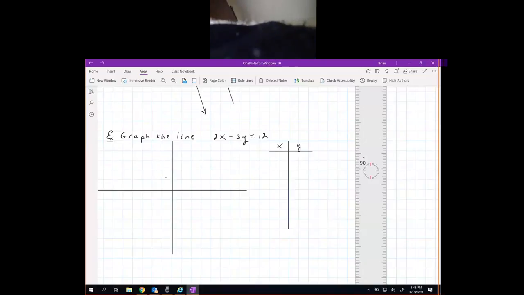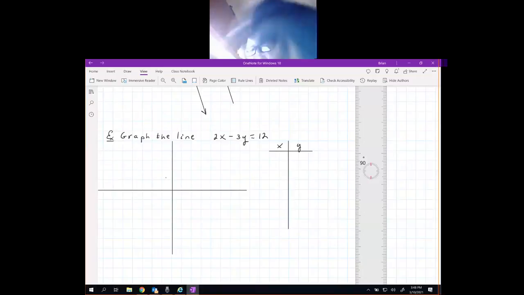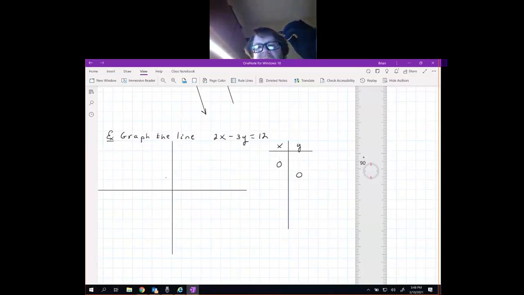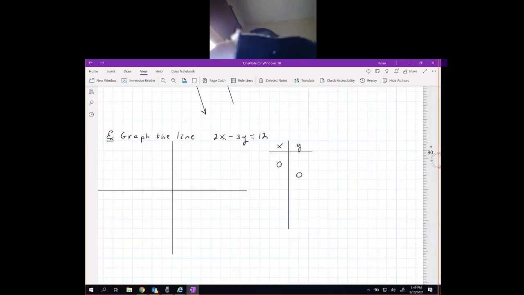What I do is I allow x to equal 0, and then I allow y to equal 0. So when x is equal to 0, this equation becomes negative 3y equals 12. And so y is equal to negative 4.